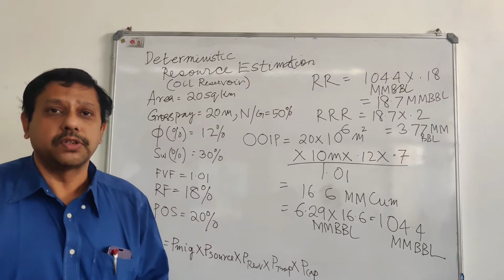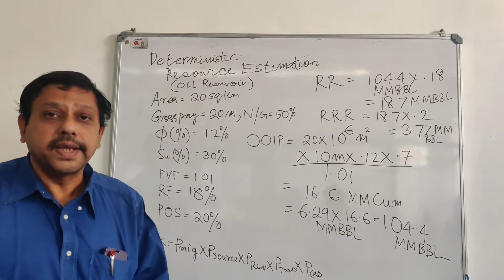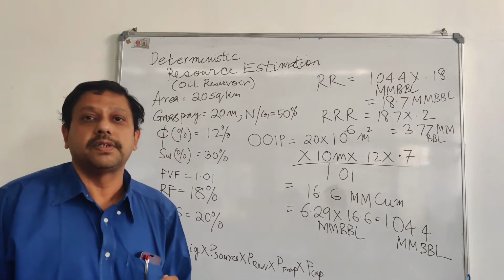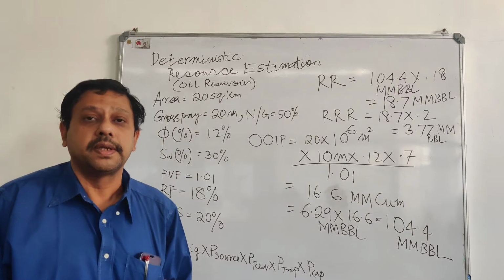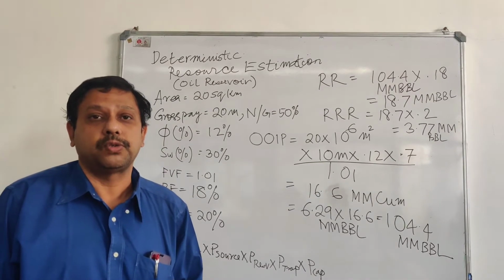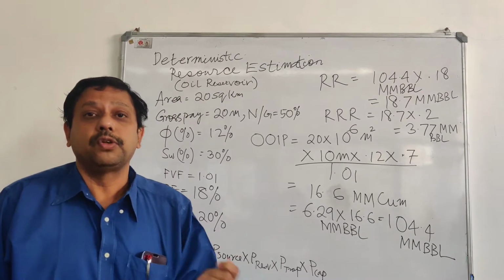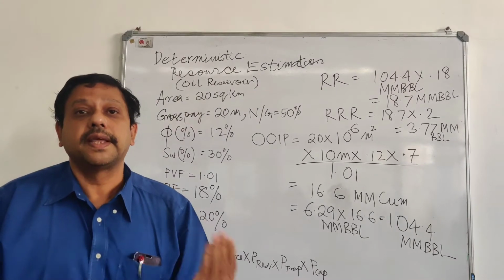But when you go into the stochastic sense, you take a range and you come out with the original oil in place, recovered resource and risked recovered resource as a range of values. Maybe the original oil in place answer may be 20 to 40 million barrels as an example.